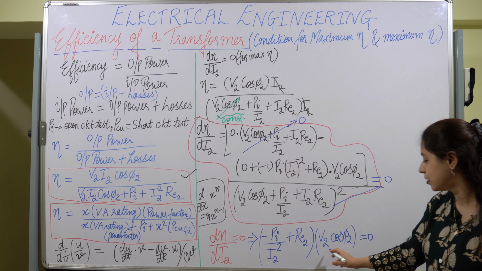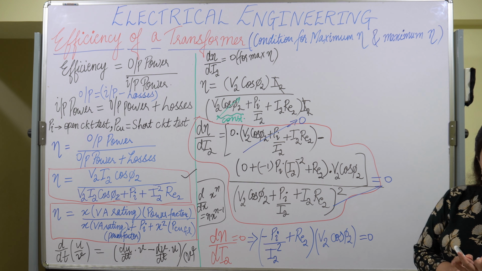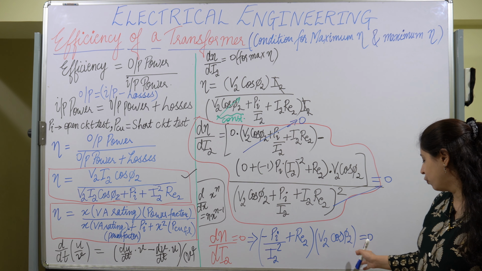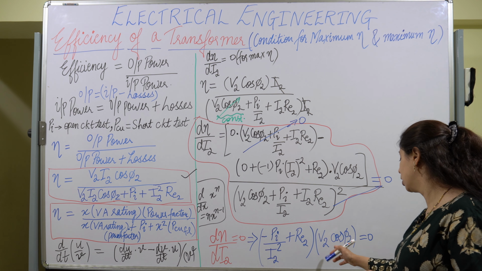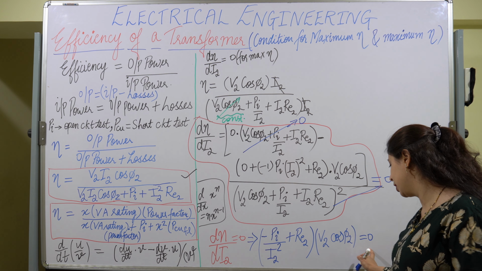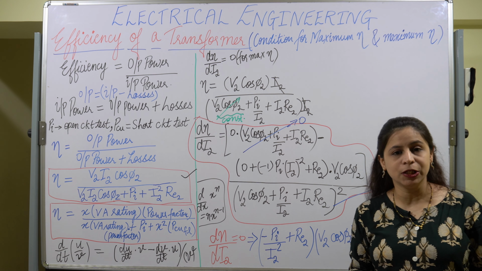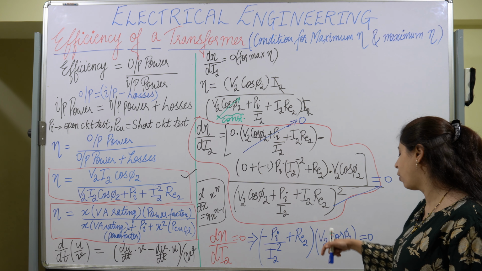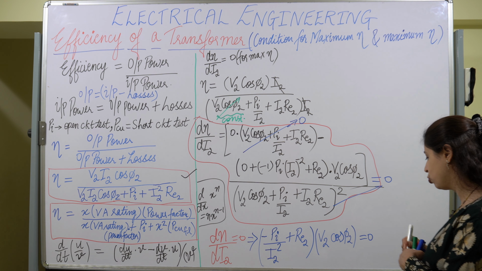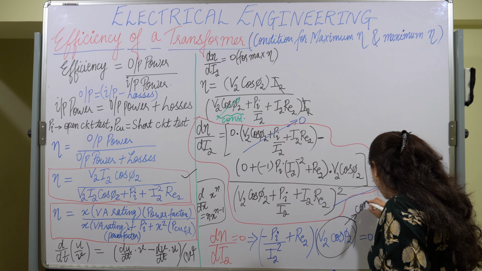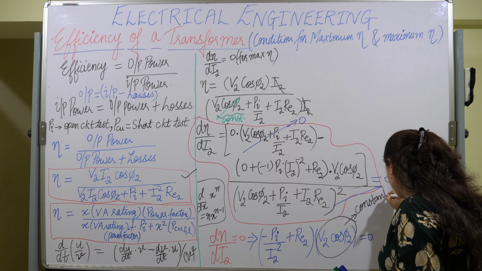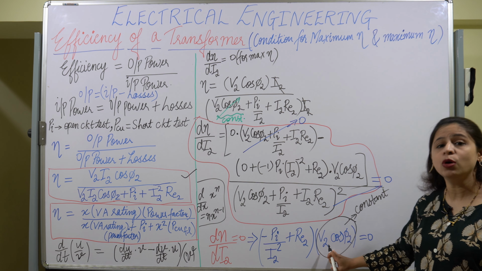They will be going over to the next side in the denominator, and it will also become 0 because this is all the constant. V2 cos phi 2 is the constant term, okay, so it will be also zeroed.